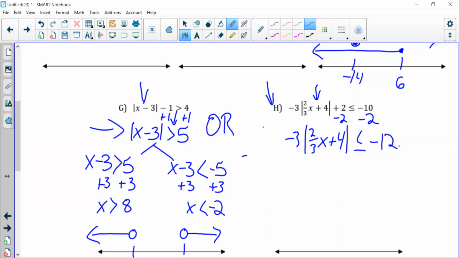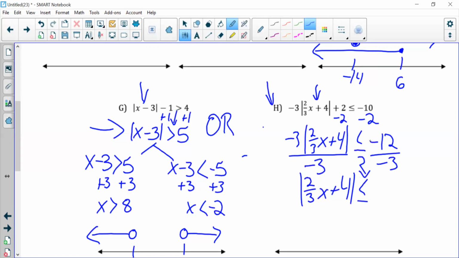All right, then I need to get rid of this negative 3, so I'm going to divide both sides by negative 3. So I get 2/3 x plus 4. Remember, when I divided by a negative 3, I've got to flip the operator. Less than or equal to, and negative 12 divided by negative 3 is a positive 4.